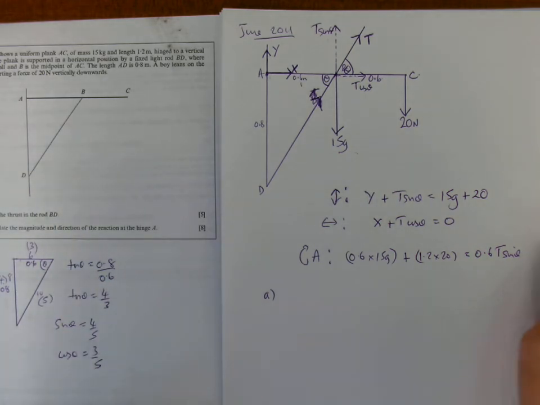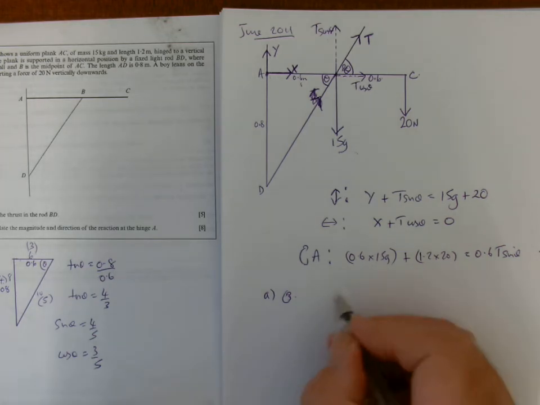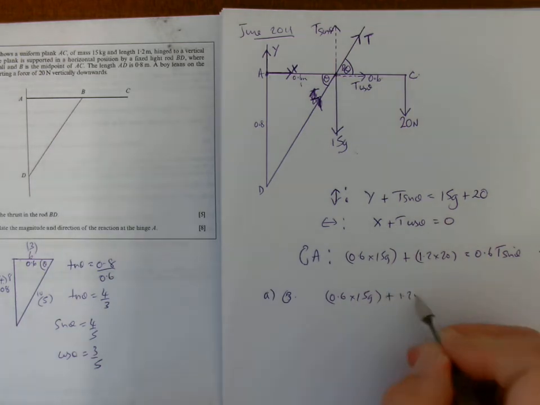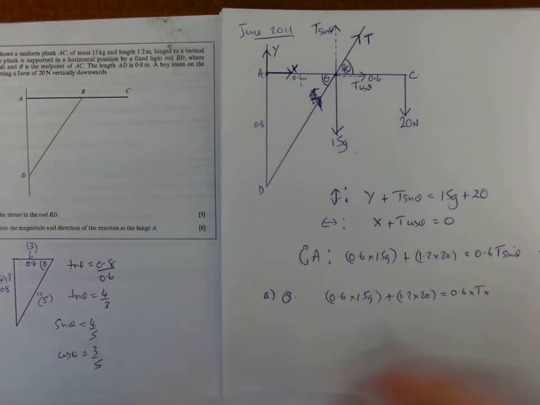From the third equation, 0.6 times 15g plus 1.2 times 20 equals 0.6 times T times sin theta, which is 4/5.